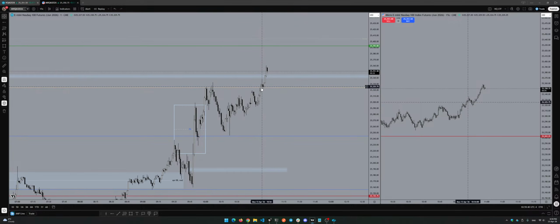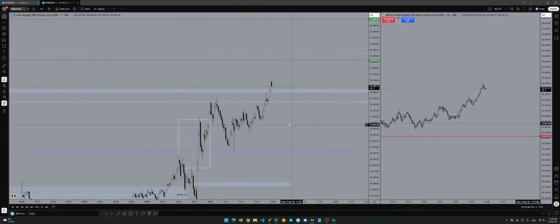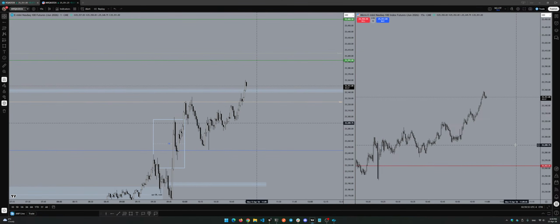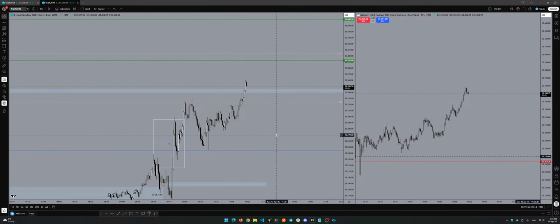This would have been a good entry actually. The new week opening gap top is right here. This was a touch to the top of the new week opening gap.